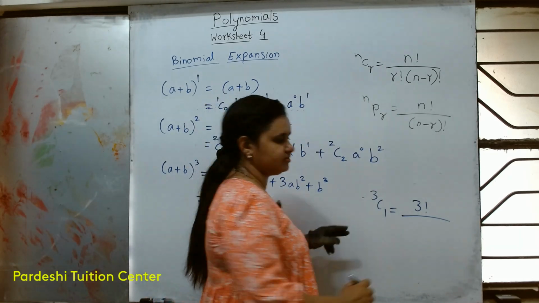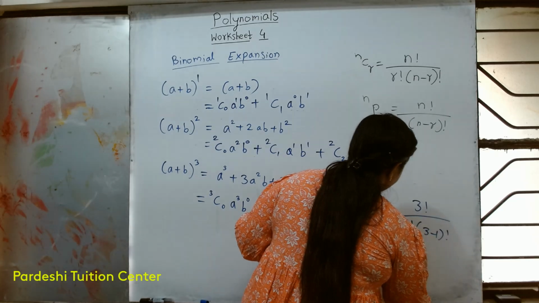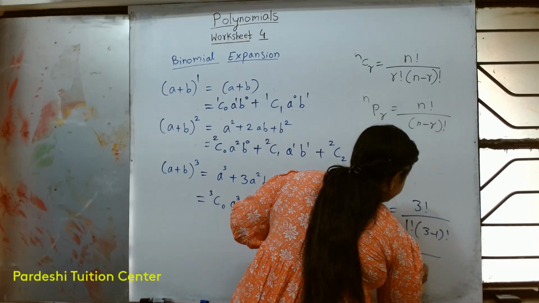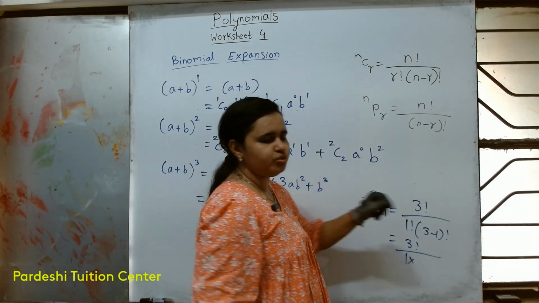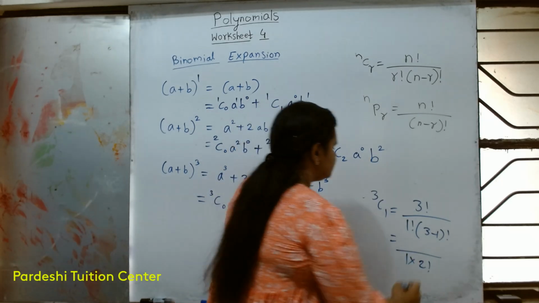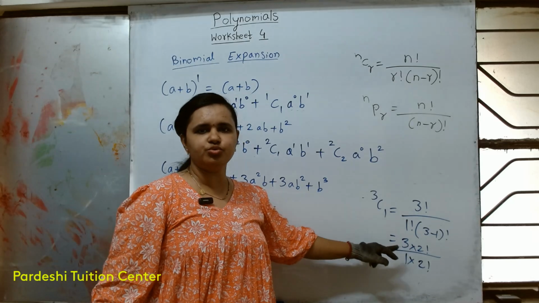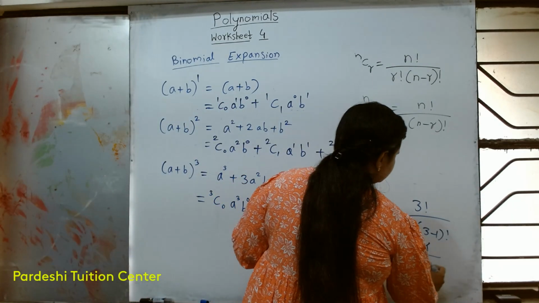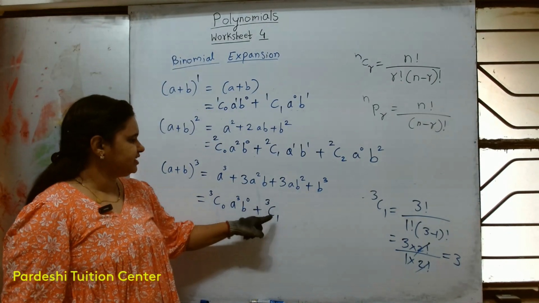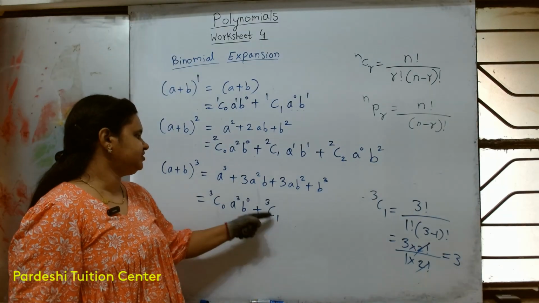R is 1, so it is 1 factorial, and n minus r is 3 minus 1 factorial. Again 3 factorial upon 1 factorial is 1, and 3 minus 1 is 2, so it will be 2 factorial. Again I can write 3 factorial as 3 into 2 factorial. So 2 factorial will get cancelled and our answer will be 3. So the answer for 3c1 is coming as 3 and here also the coefficient is 3. So here it is matched.